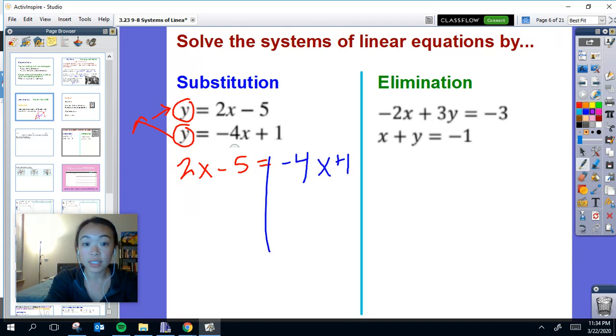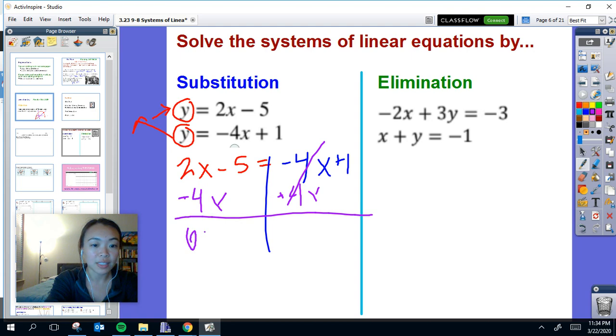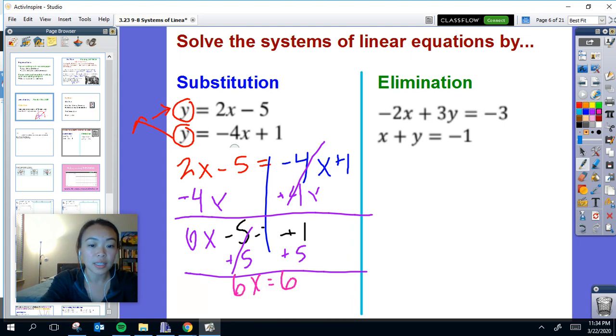When I solve this, these cancel. I have 6x. Bring down all my terms. And then to get 6 by itself, I add 5. These cancel. 6x equals 6. And when I divide by 6, my answer is x equals 1.